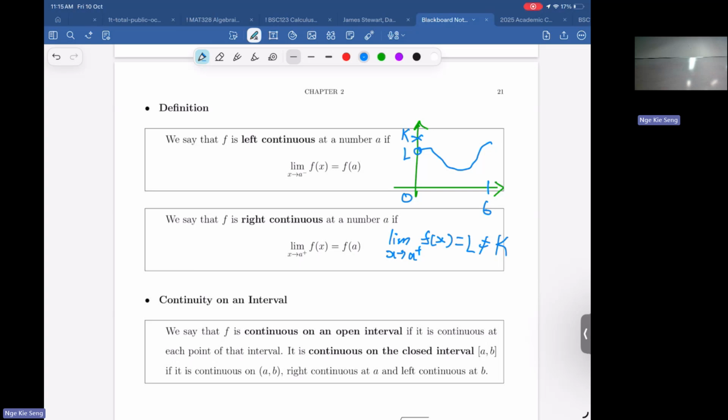So this is the picture I drew here. Let's say we replace this by AB.